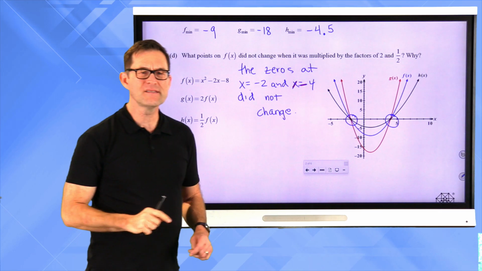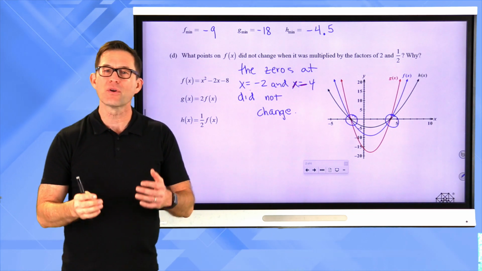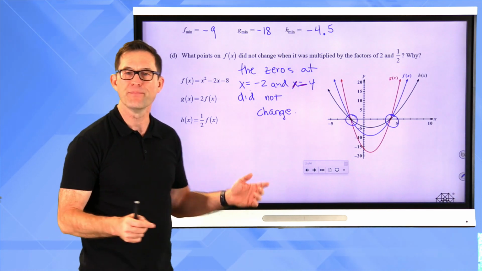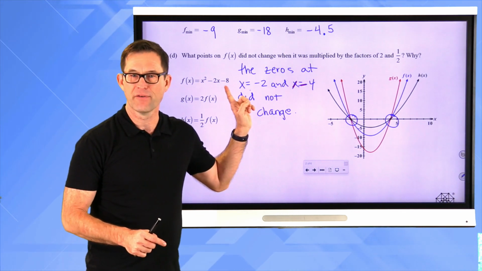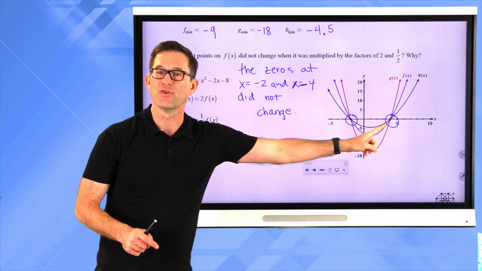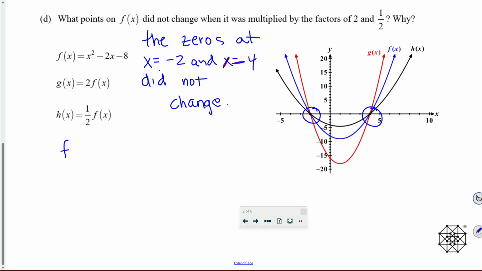Now, let's take a look at why that is, all right? And it's kind of cool because you can really understand it from almost a purely formula perspective. The fact that f of x, don't worry about g or h, has zeros at x equals -2 and x equals 4, means the following. F of -2 is equal to 0, and f of 4 is equal to 0.